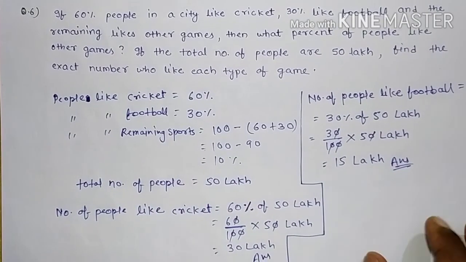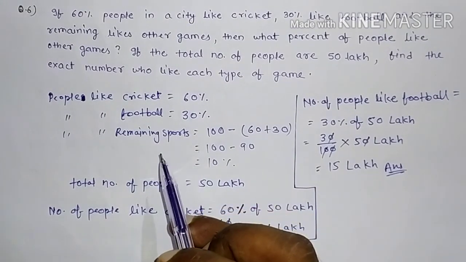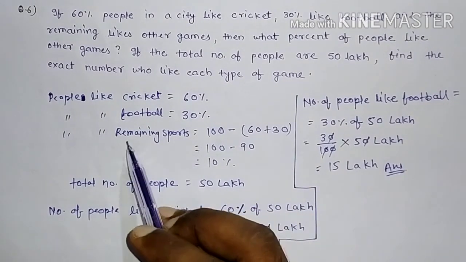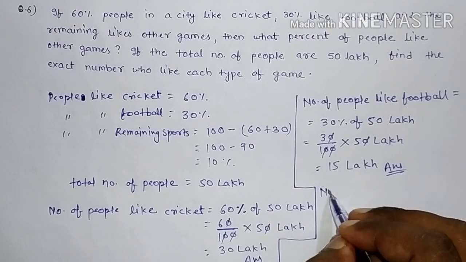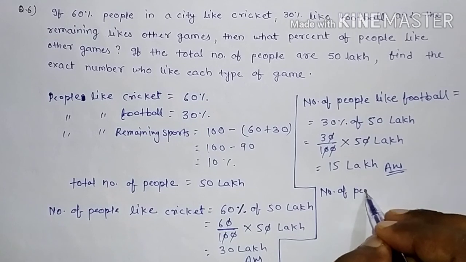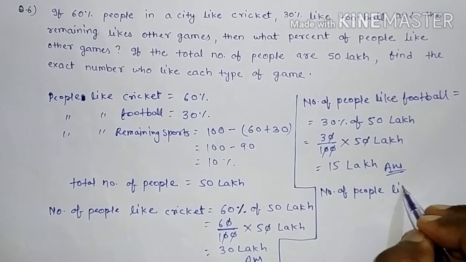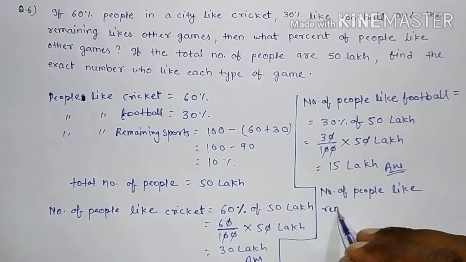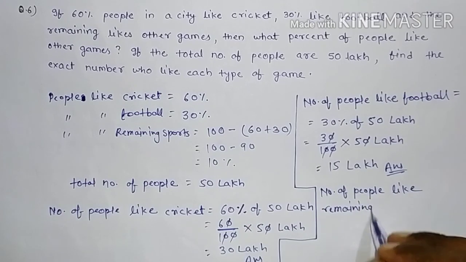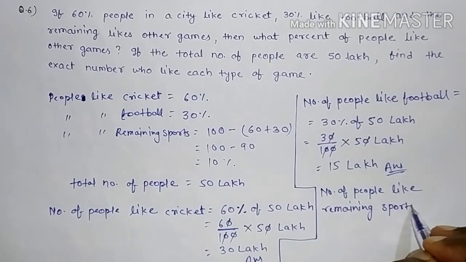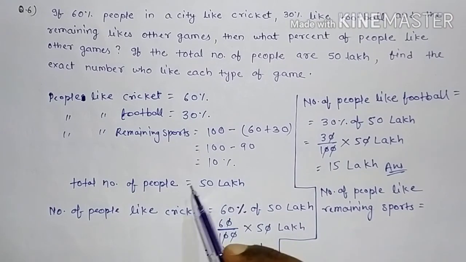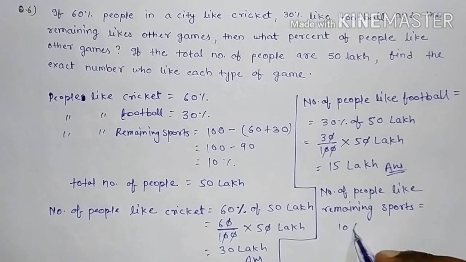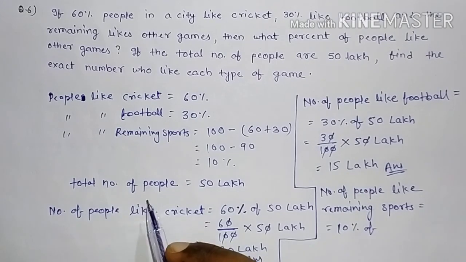And now the last question, that is here we have to find how many people like remaining sports. So number of people who like remaining sports is equals to 10% of total number of people, that is 50 lakh.